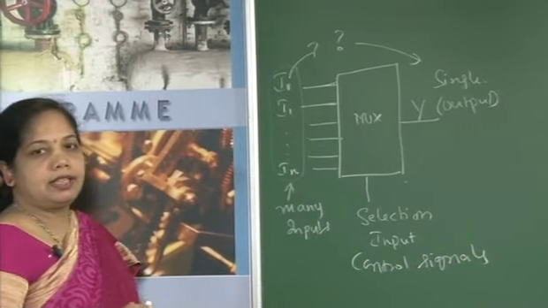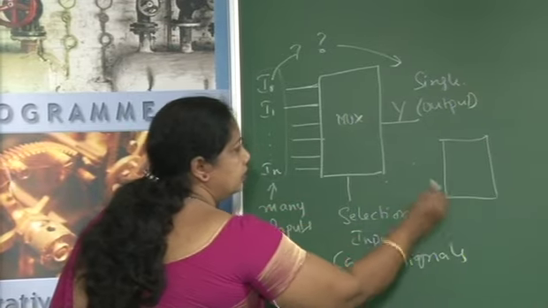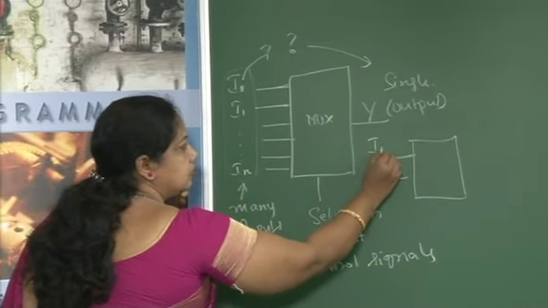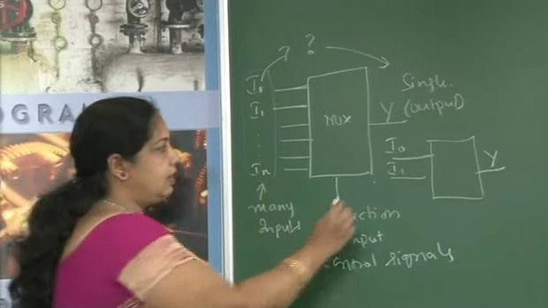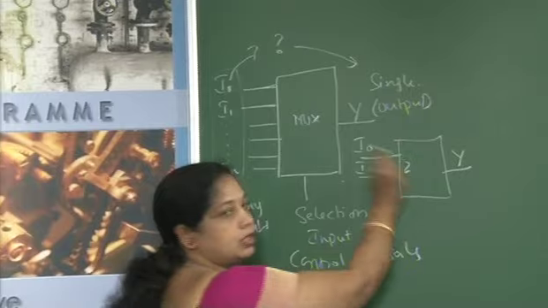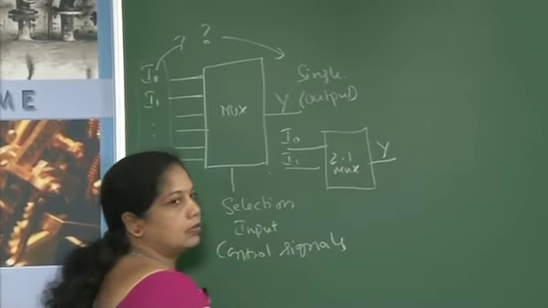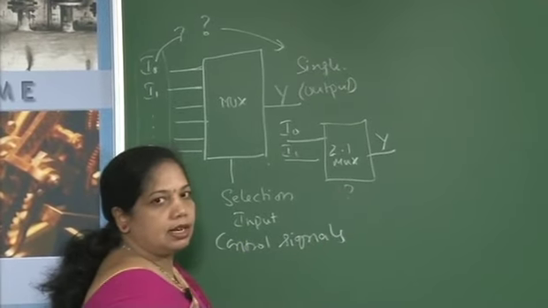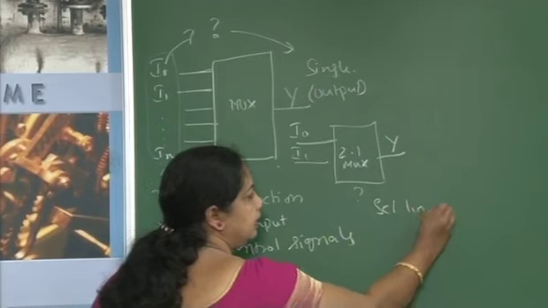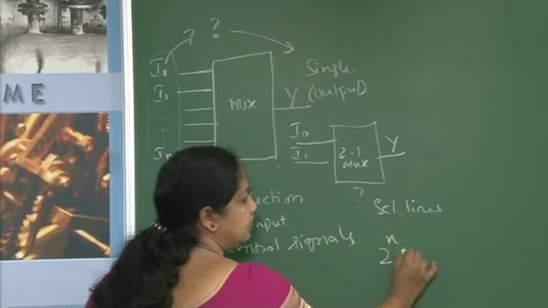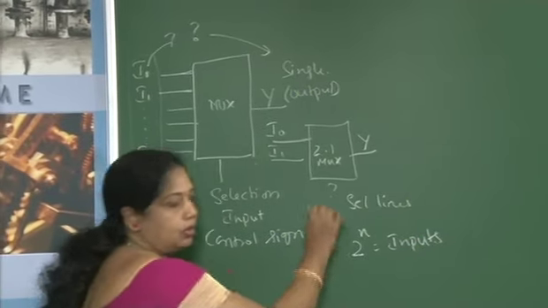Let me take up an example. I will consider a MUX with 2 inputs and 1 output. I will define this as a 2:1 MUX. How many selection lines are there here? The number of selection lines is calculated from the number of inputs.